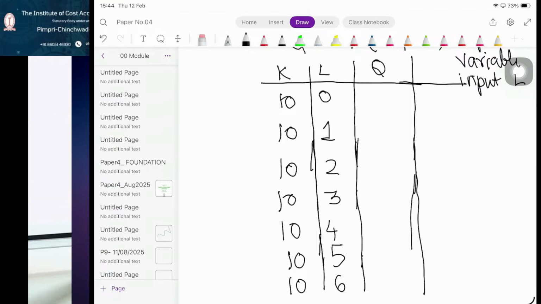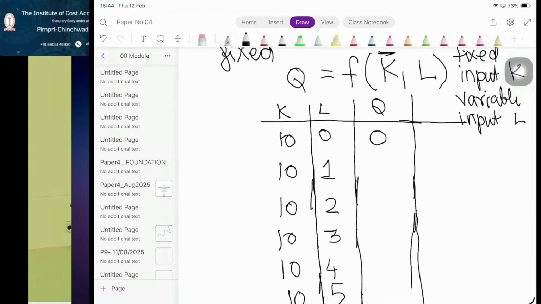Done? Okay. I'm now showing quantity. If there is no labor, the production output is also 0. Okay. And with the first unit of labor, let us say the firm is able to produce 20 units of output. With application of the second unit of labor, let us say the output goes up to 50 units.